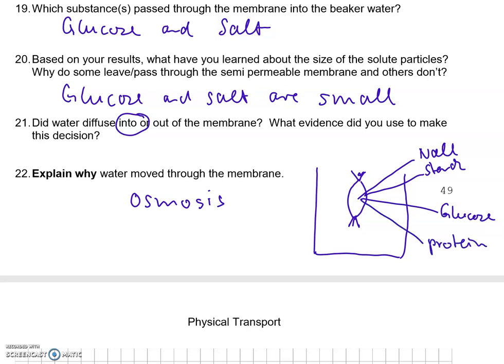And then there's water up to here, and the only thing that came out was the salt and the glucose. So those you will be detecting afterwards in the beaker water.